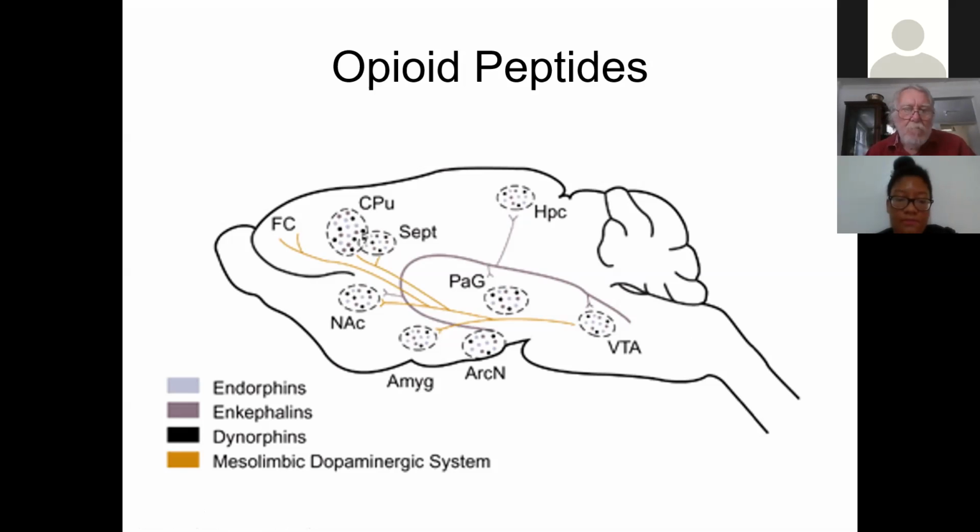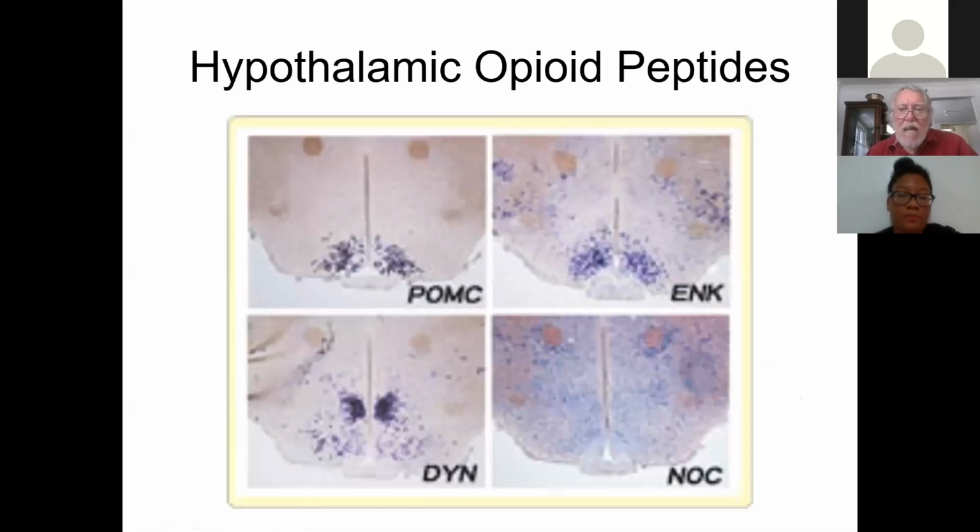So what we basically see here, by and large, is most of the opioid peptides are working as interneurons in the periaqueductal gray, in places like the locus coeruleus, the ventral tegmental area, and then in the raphe nuclei that are further down into the medulla.